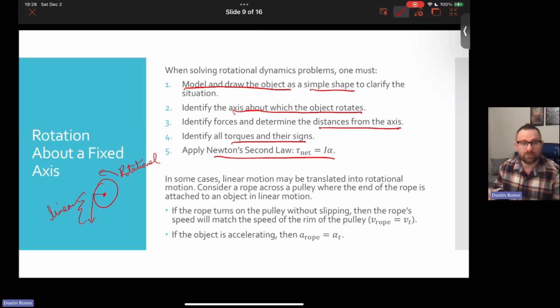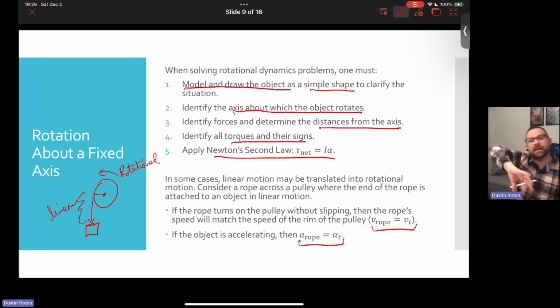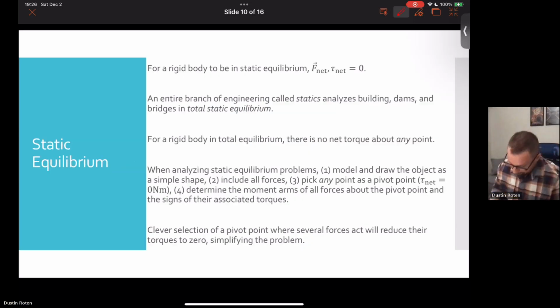So we sort of have two different problems going on that are connected literally with a rope. In this situation, you'd see that the velocity of the rope, or the velocity of an object hanging on there and falling, would equal the tangential velocity of the spinning pulley, or the acceleration of the rope would equal the tangential acceleration of that pulley as it's speeding up.